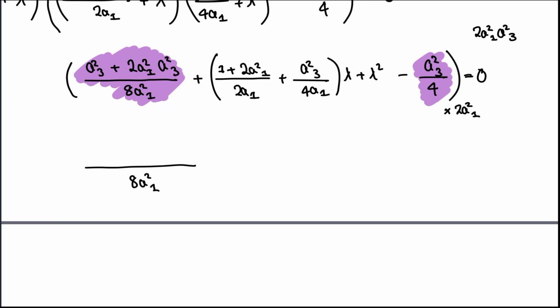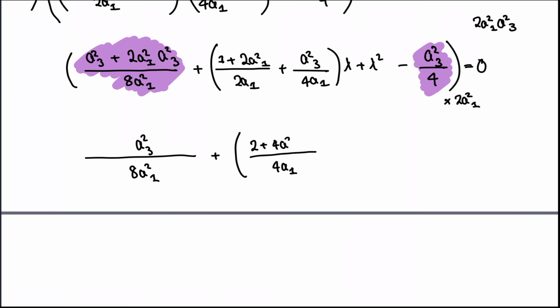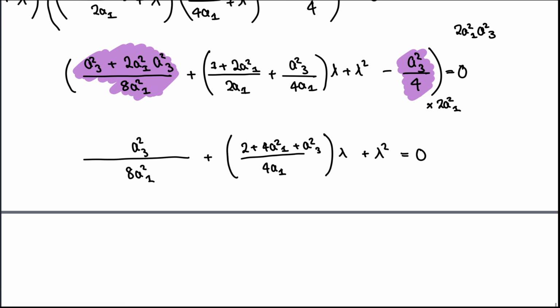So it turns out that these two cancel, so we just get a squared 3 on top. Collecting these two up isn't really going to help us, but we get 4a1 at the bottom, and then 2 plus 4a squared 1 plus a squared 3 lambda plus lambda squared is equal to 0.